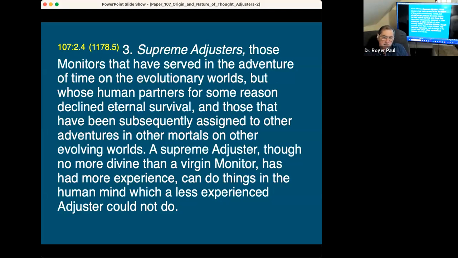Now, the point I wanted to make, there's no way for me to know this, but a Supreme Adjuster, or an advanced adjuster, would be the type of adjuster they would have used during the revelation, because that type of adjuster would be more likely to be able to communicate without disturbing the person it is talking through. So that's why that's important.